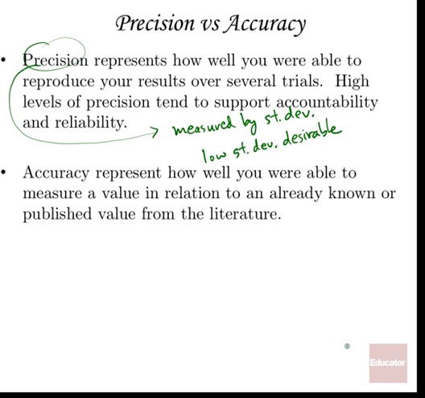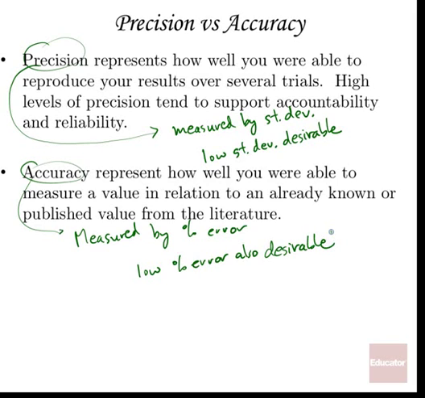The word accuracy, however, represents how well you were able to measure a value in relation to an already known or published value from the literature. And of course, this is going to be measured by percent error. Once again, we want as low a percent error as possible.